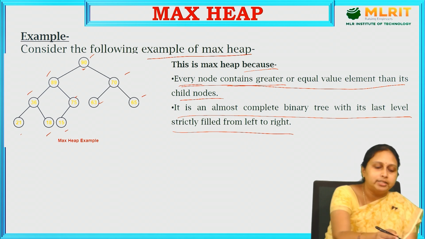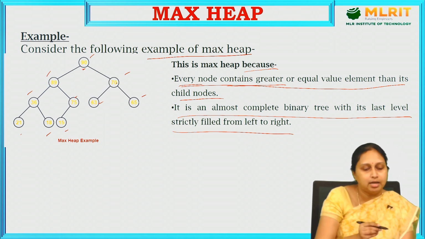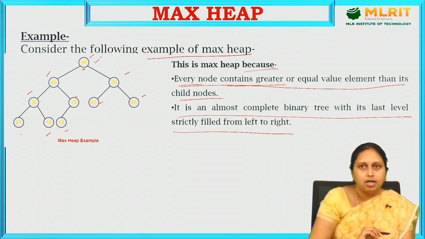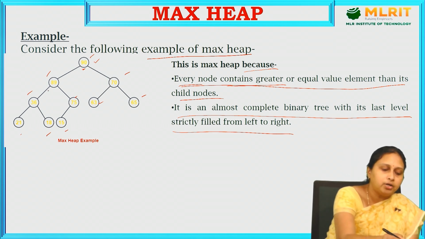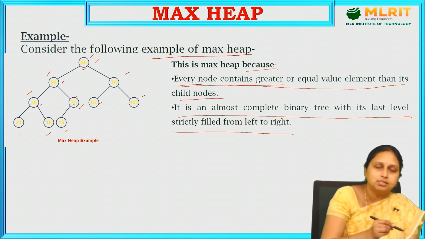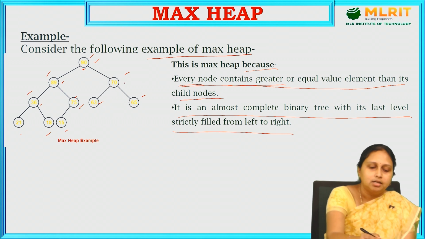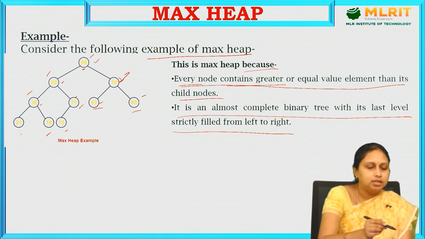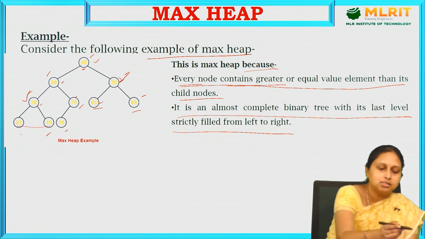Observe whether it is greater than its child nodes 89 and 70. Yes, it is satisfying our property. In the same way, check for the remaining. If I take this node, its child nodes are 36 and 75, and 89 is greater. In the same way here, this is the node I take, 63 and 65, 70 is the largest. If I take 21 and 18, these are the child nodes, 36 is the largest.